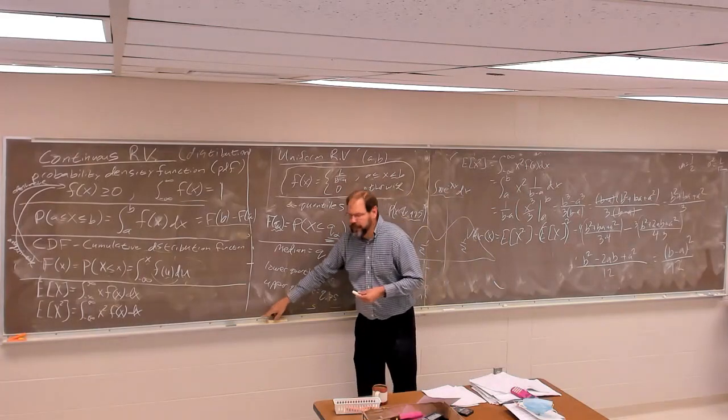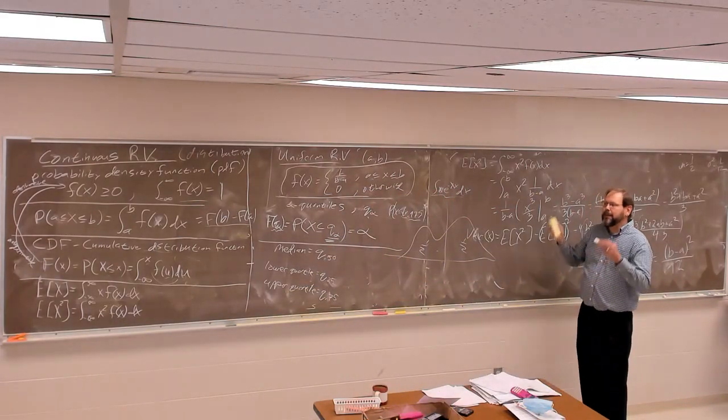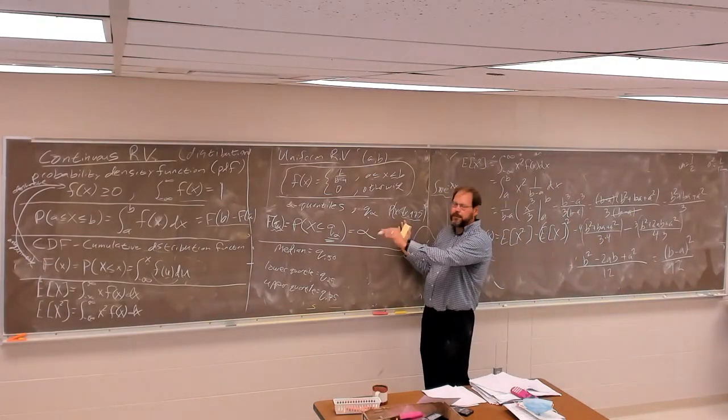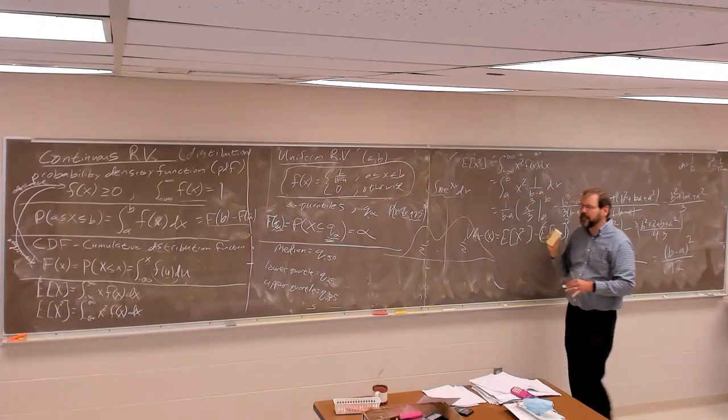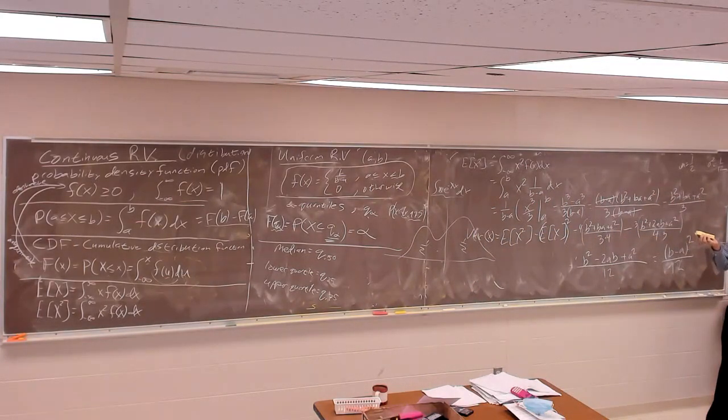But we can figure out ways to approximate it. But I can plug in my cumulative distribution function and solve for those. I can start talking about probabilities being to the left and to the right at a certain point. I could have done all of this with my discrete random variables, but because my function's not continuous and it makes these jumps, it's a little bit more difficult to talk about those things.